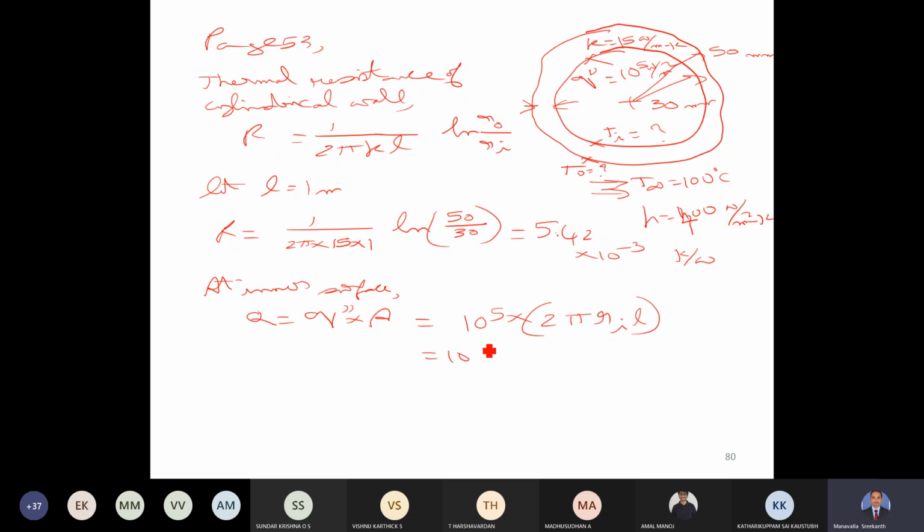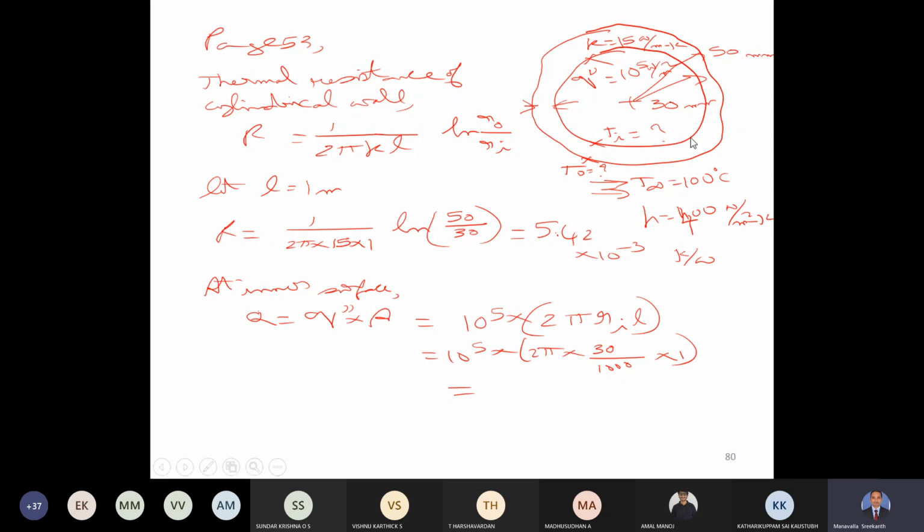So this is 10 power 5 multiplied by 2 pi into inner radius, which is 30 millimeters. Convert that to meters. Multiplied by length is 1. So how much is this? Did you understand why I have taken that? 2 pi r L is the area. 2 pi r is the circumference, that's the length, multiplied by the length of the cylinder will give you the area.